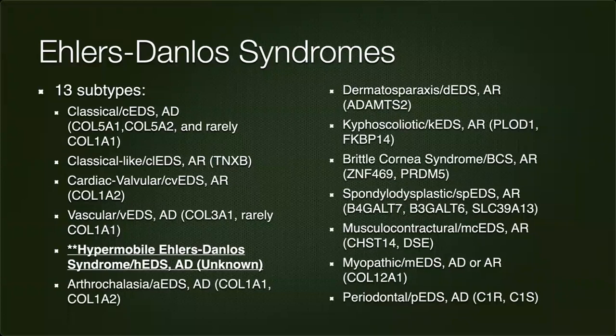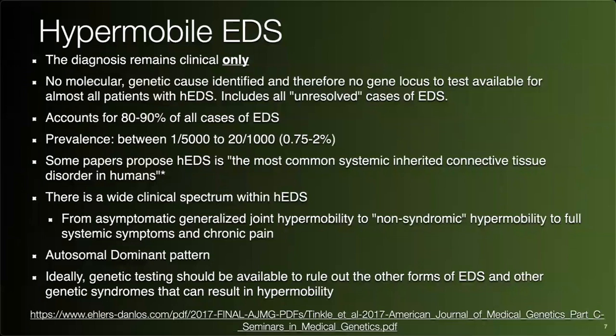The AD beside it means autosomal dominant. If it's AR, it means recessive. Some of them can skip generations, and other ones have very strong prevalence throughout families. The most common one, and the one we will be talking about, is hypermobile Ehlers-Danlos, or hEDS. They're working on genetic loci for it. I suspect there will be more than one when we find out.